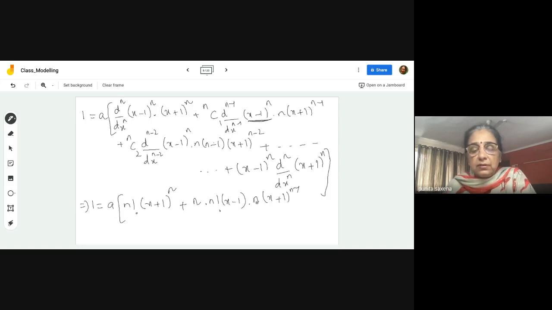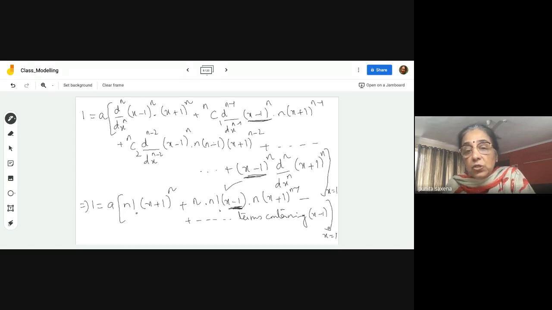That means starting from this term onwards, all other terms will have x minus 1. I'm writing this because I have to compute this derivative when x is 1. When x is 1, the next term will be 0 because I have x minus 1 here, and the last term is x minus 1 to the power n.